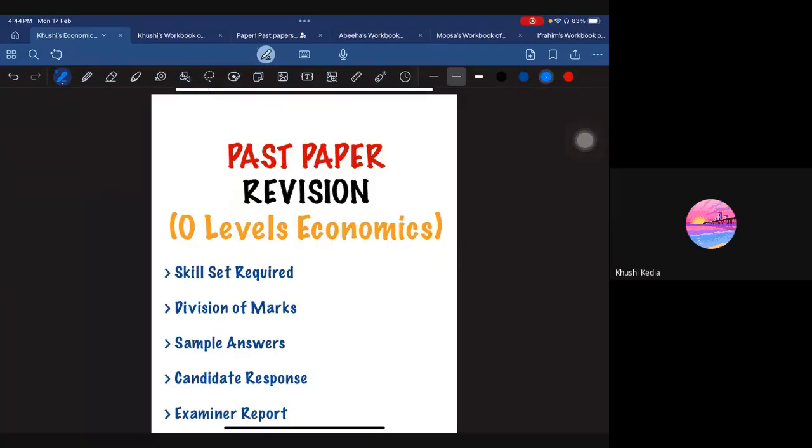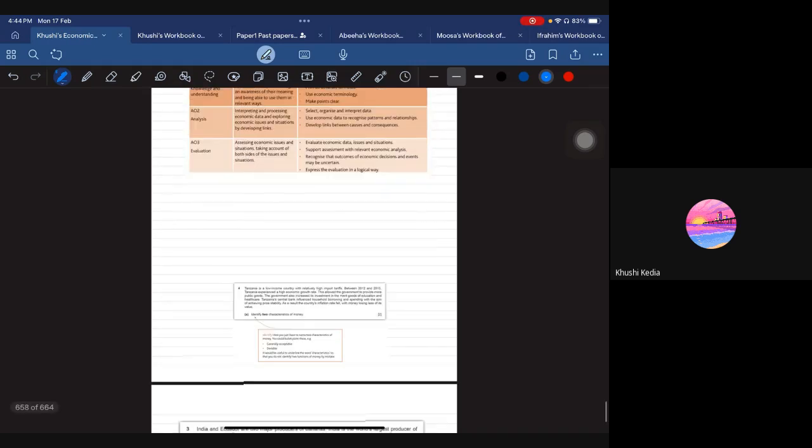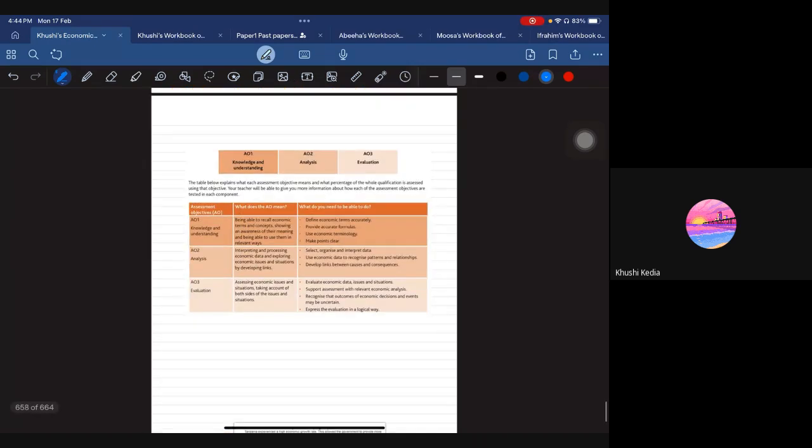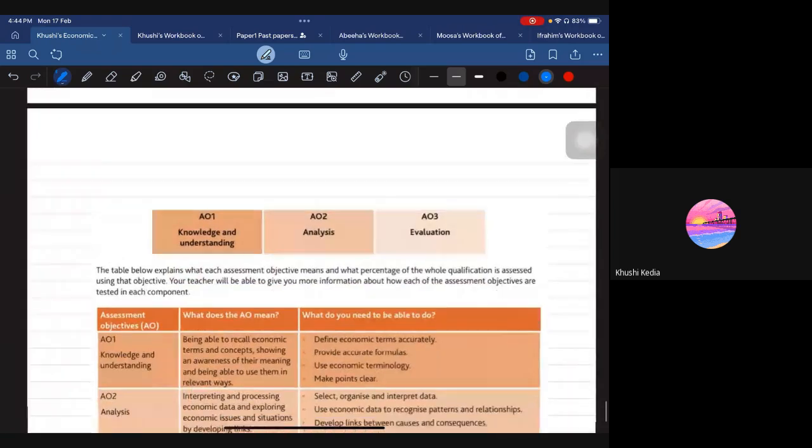Okay, Khushi. So today we are going to study the past paper pattern for economics, and we are again going to start with the main thing, that is the skill set that is required to do it.